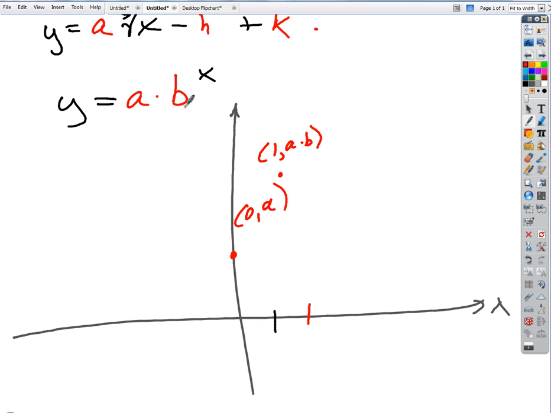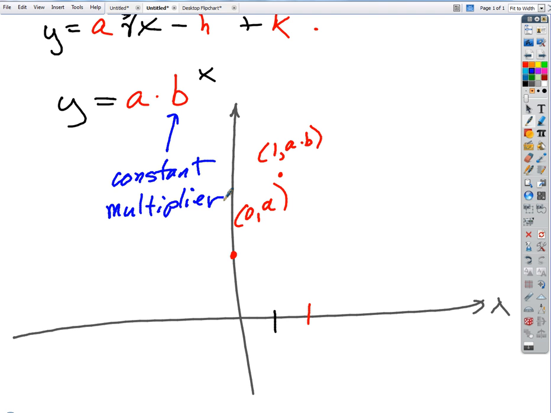Does that make sense? Okay, so for that reason, we recognize that b is what we call the constant multiplier, because each time we increase the independent variable, or x, by 1, we multiply the value of the function by b.